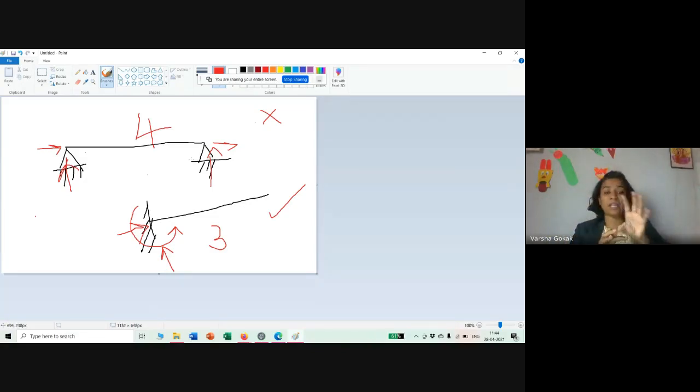Determinate means I will be able to find the unknown reactions using the 3 equations of equilibrium, or unknown reactions are equal to 3 or less than 3. But when I'm talking of an indeterminate structure, the number of unknown reactions is more than 3, and that is why we won't be able to analyze that particular beam or framed structure. So this is the basic concept of determinate and indeterminate.